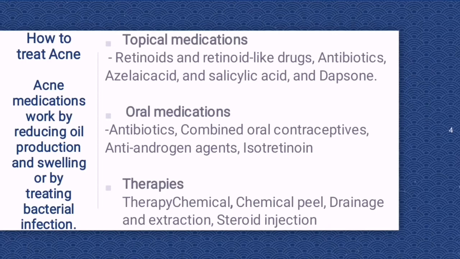Next is drainage and extraction. So, a doctor may use tools and equipment to gently remove the acne. Last is steroid injection. It uses steroids, which results in rapid improvement and decreased pain.